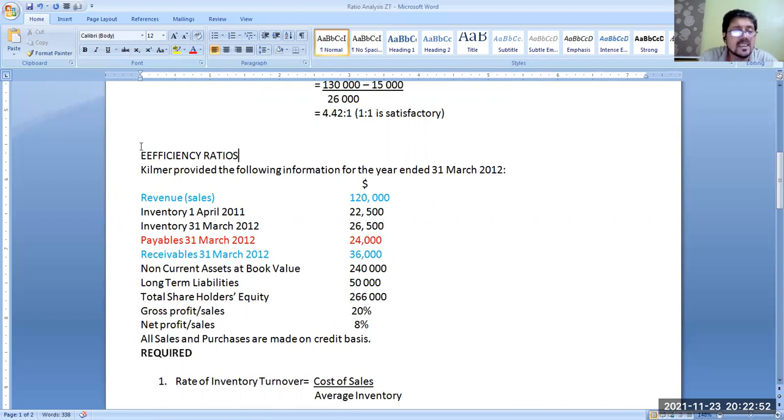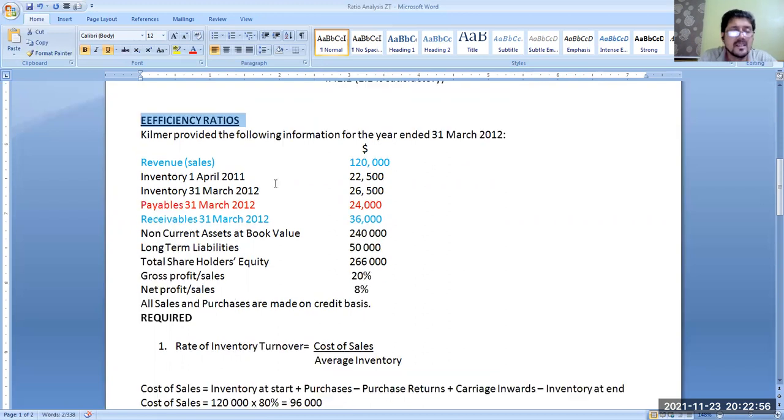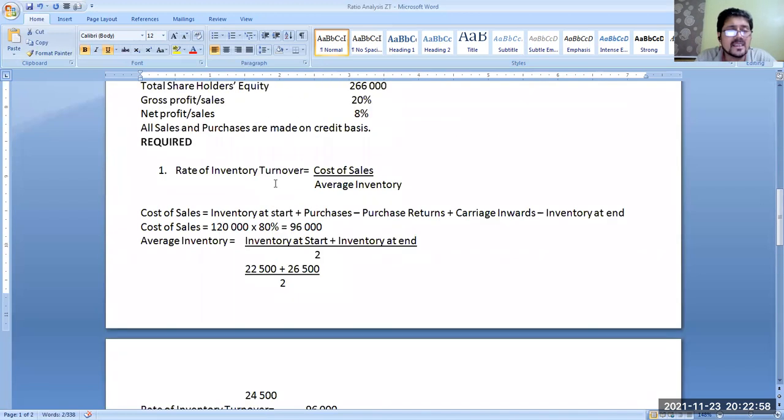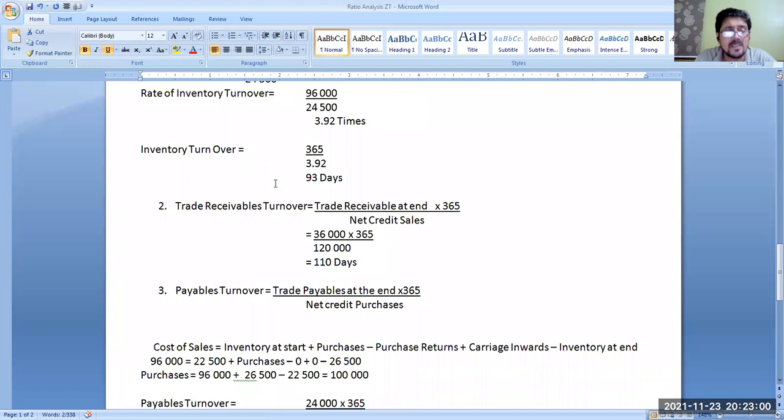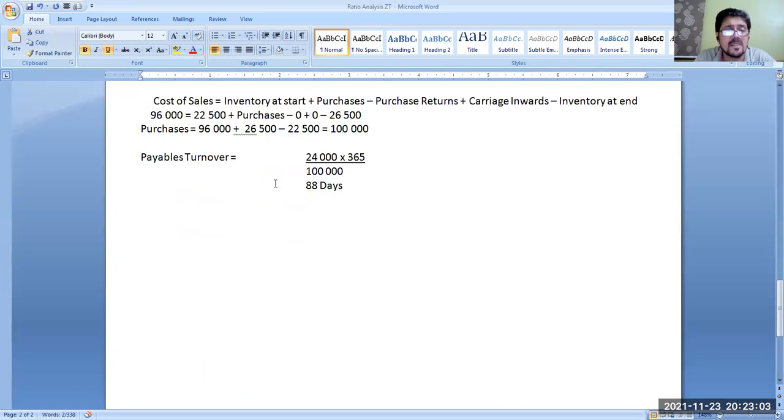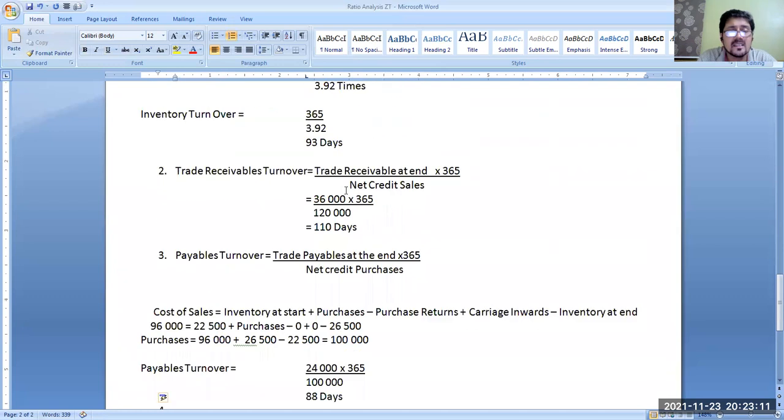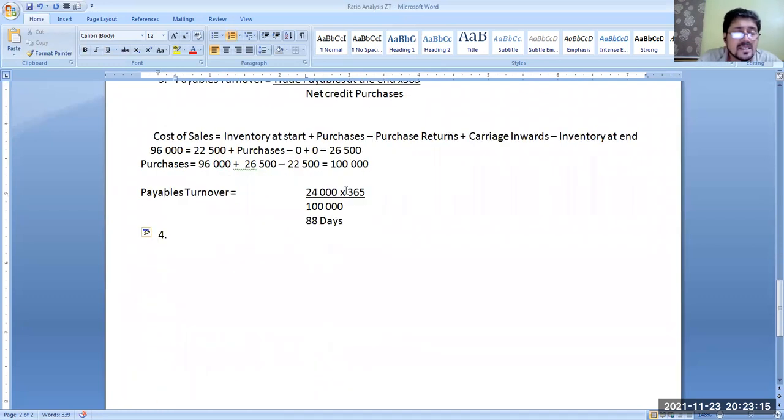Getting my point clear? So this is your efficiency ratio. Now one is rate of inventory turnover, then receivable turnover, payable turnover, and the last in your efficiency ratio is non-current asset turnover, the last one.